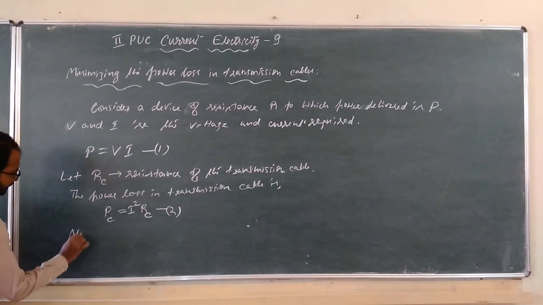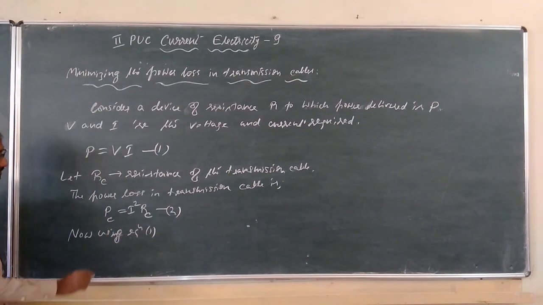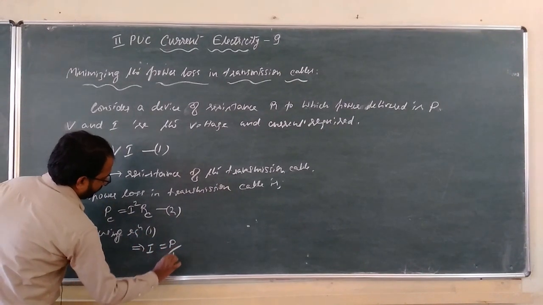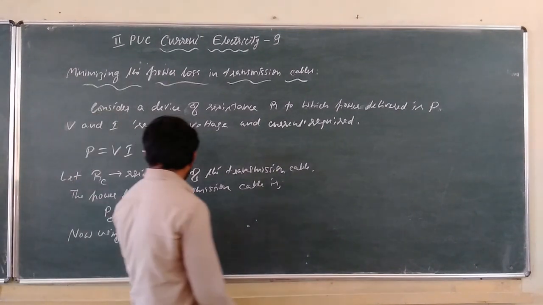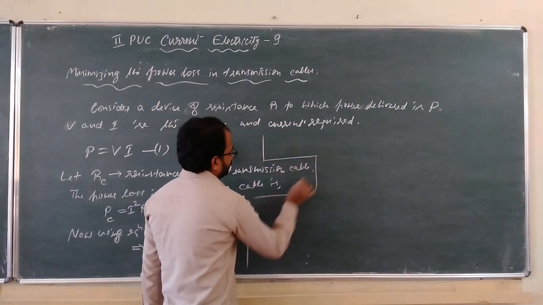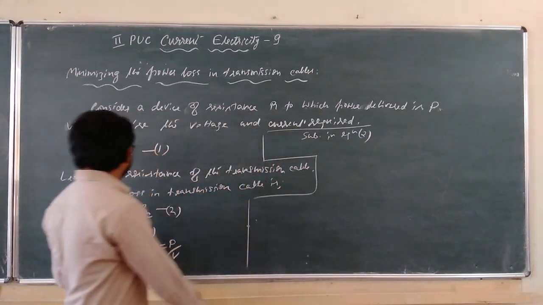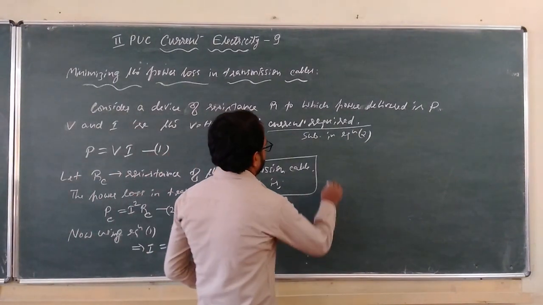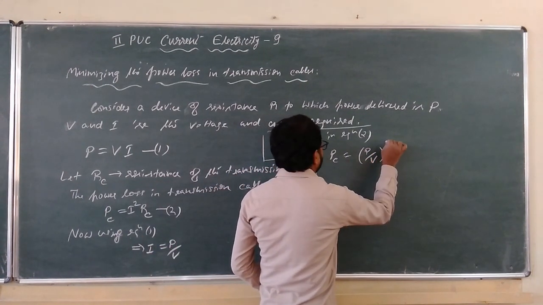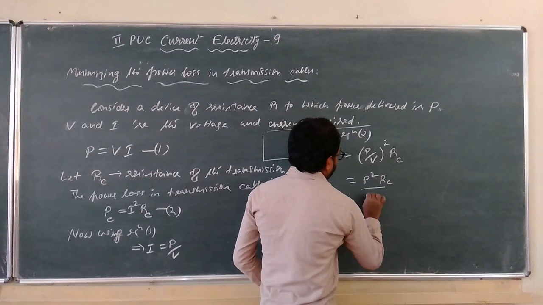Now using equation 1, I can write I is equal to P by V. So substituting in equation 2, PC is equal to I square, so that is P by V whole square into RC, which is equal to P square RC divided by V square.